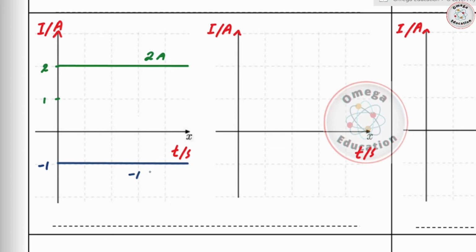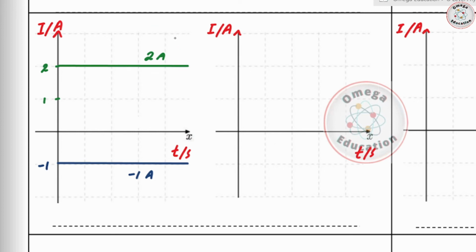But since this current was always negative from the beginning till the time we kept observing it, it never changed the direction. Whatever its direction was, it is just the same. So that current is also direct current, because it was negative and it did not change the direction. And also for the green one, that was positive and it remained positive. It did not change the direction.